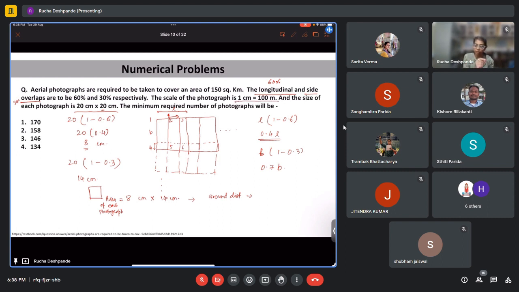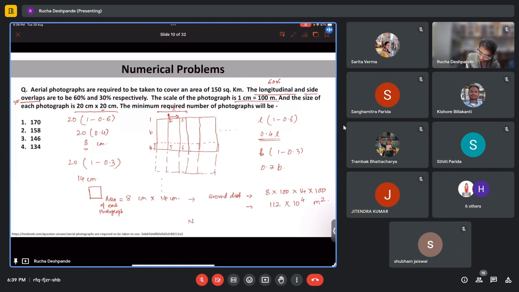So 1 centimeter on the photograph is equal to 100 meter on the ground. So I need to multiply 100 to both the dimensions. So 8 centimeter I'll multiply by 100, and 14 centimeter also by 100 to get the ground distance. So my ground area would be 112 into 10 to the power 4 meter square, because I converted from centimeter to meter.